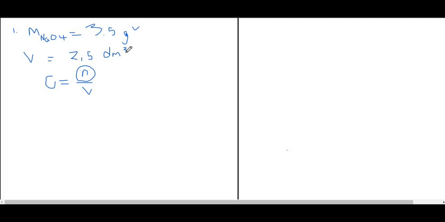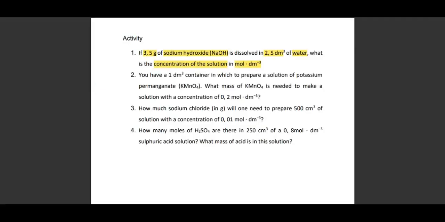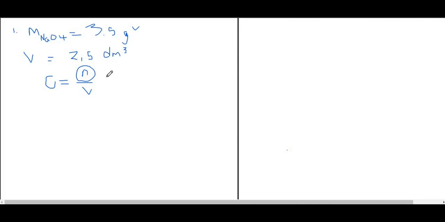If you've watched the previous 2 videos on quantitative aspects of chemical change, you will know that to calculate the number of moles, you simply say n equals the mass of whatever substance, small letter m, divided by the molar mass of that substance.